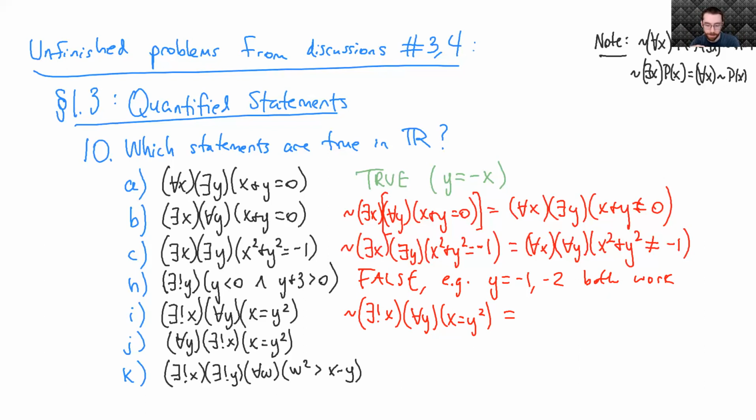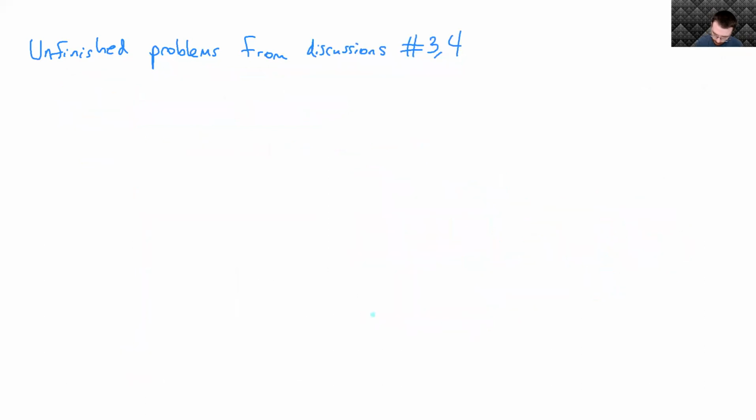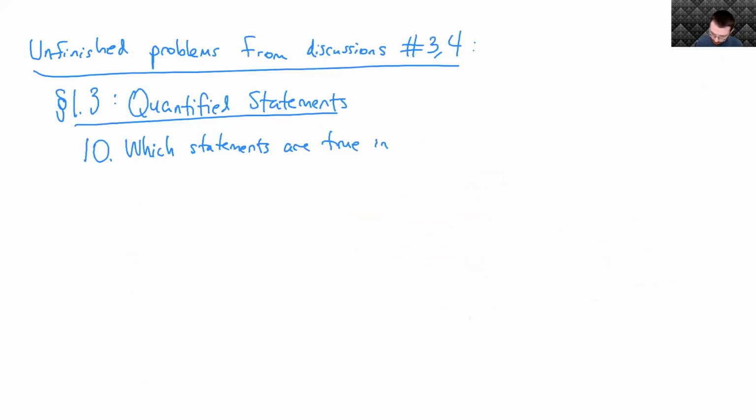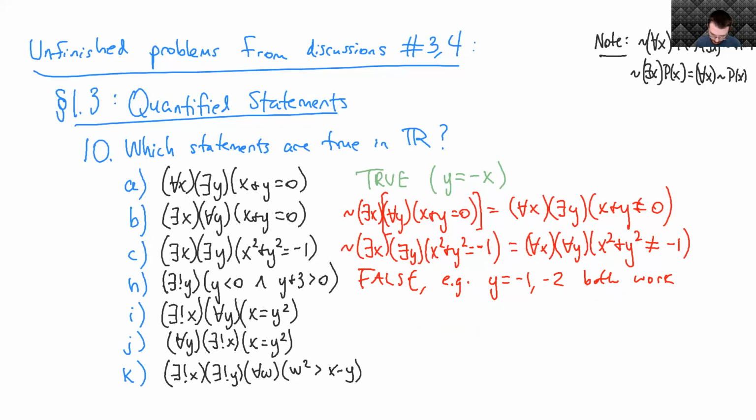It could be there are 0 elements in the truth set, or there are multiple elements in the truth set, which is similar to what we had here, right? That unique existence statement failed because there were multiple elements in the truth set. Here, I'm thinking we're going to get no elements in the truth set. So maybe rather than going through all the work of negating this, I'll just say false.